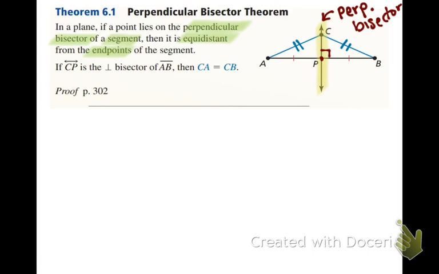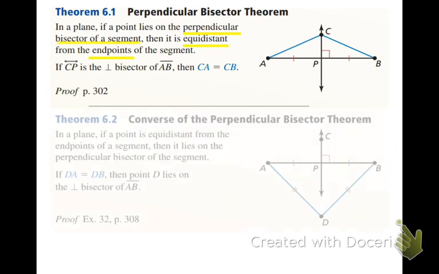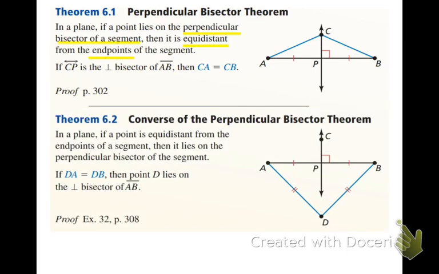The converse is true as well. We'll let it highlight. Here we go. In a plane, if a point is equidistant from the endpoints of a segment, then it lies on the perpendicular bisector of the segment.